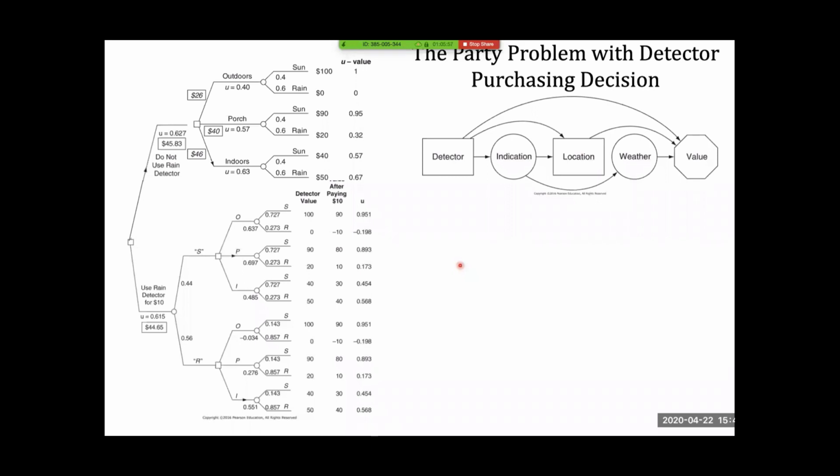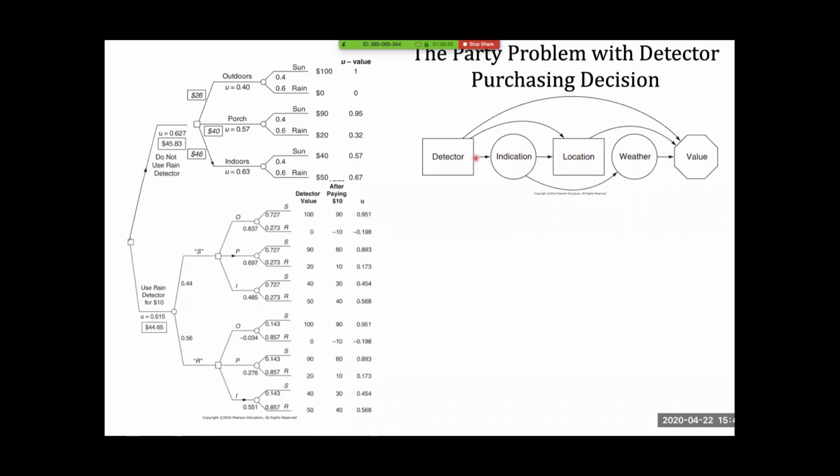Of course, now is the time to add in the arrows. We have an arrow from the detector to the indication, because depending on whether you buy the detector or not, you will either be able or not able to read the rain detector's message, upon which you can decide on the location, and everything else stays the same.